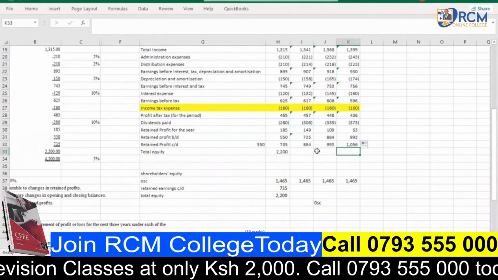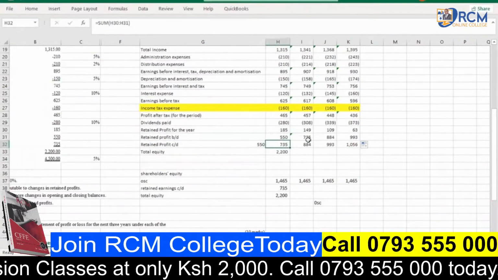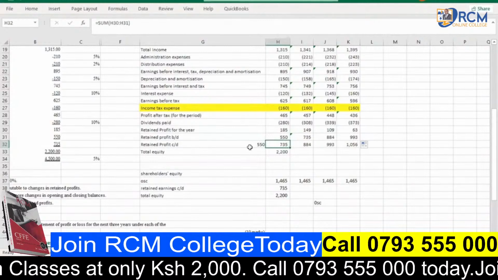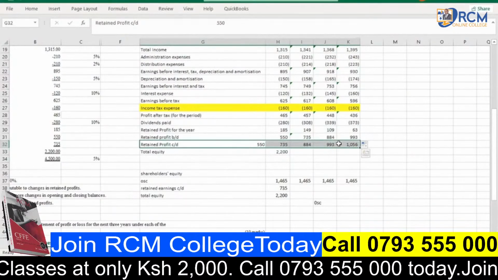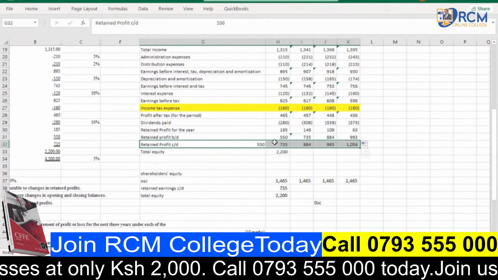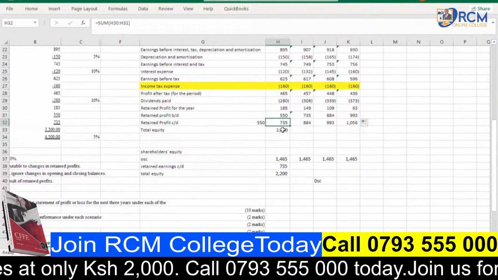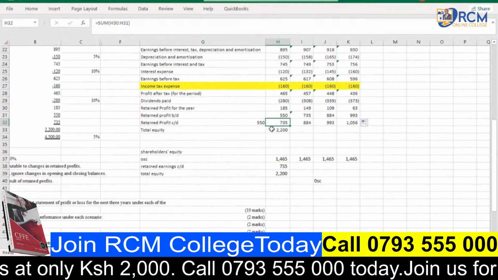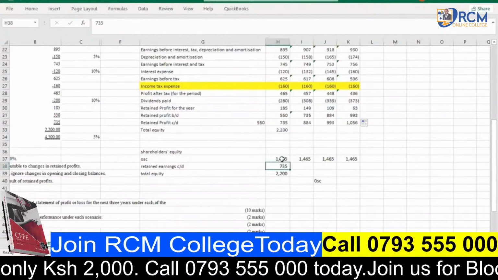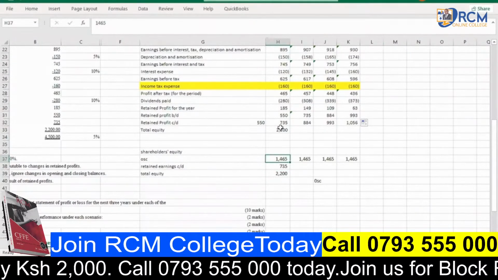Okay. Tukimaliza hapo, we now get to this point. So this is the retained profit carried down. It is this value that is being taken to the statement of financial position. So for 2022, tumeambiwa that the total equity is 2200, which means we are taking retained earnings carried down, tunaongeza na ordinary share capital ndio tupate 2200.